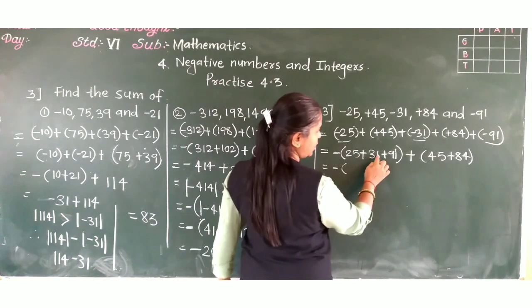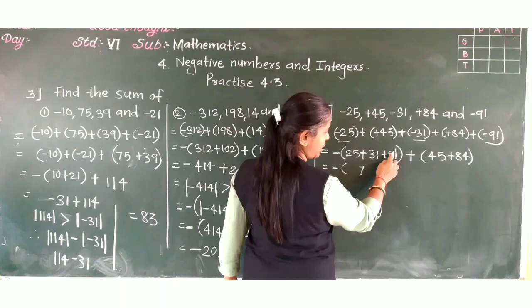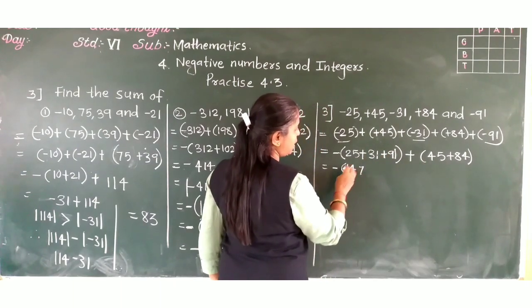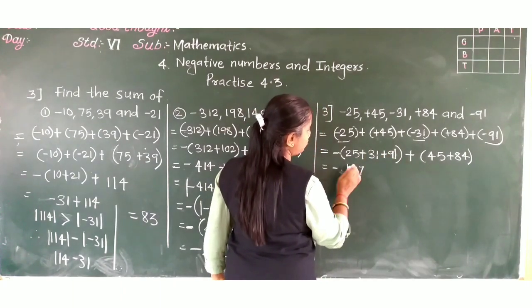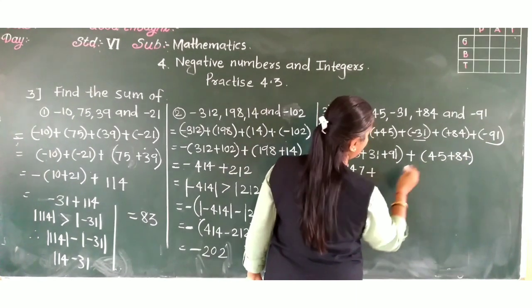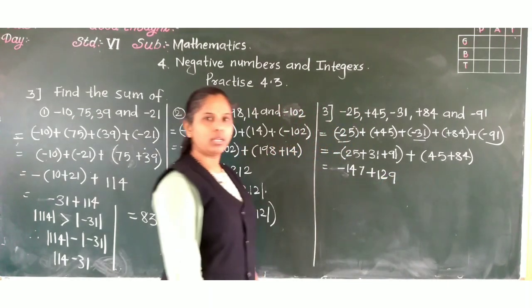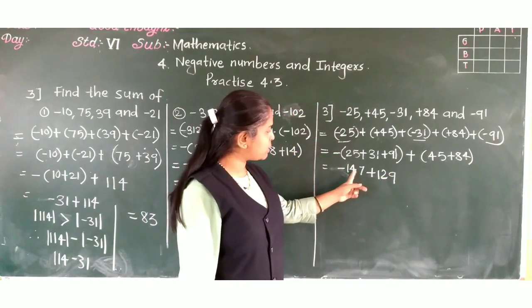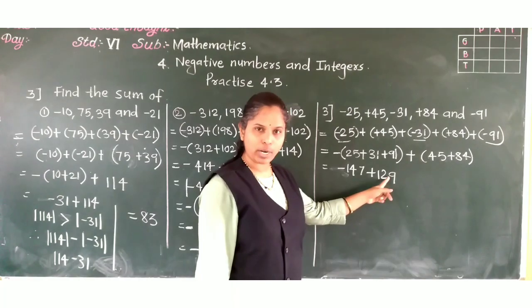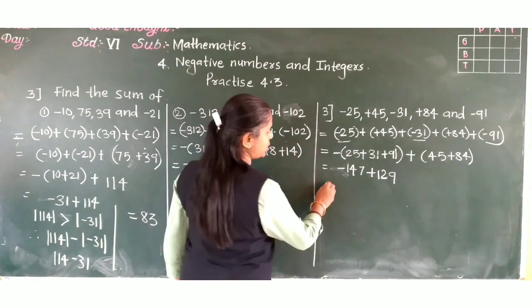Add 5 plus 1 is 6, plus 1 is 7, and 2 plus 3 is 5, plus 9 is 14. That is minus 147. Plus, add this: 5 plus 4 is 9 and 8 plus 4 is 12. Now see, this is minus 147, this is plus 129. Both having different signs, so take absolute values.